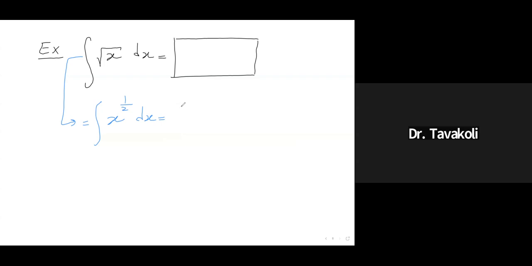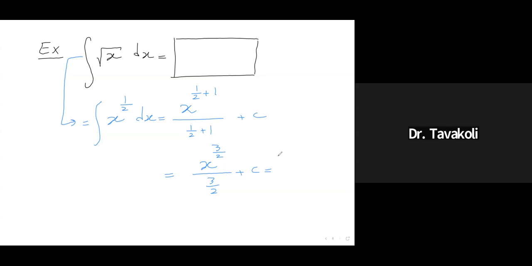So using the power rule, x to the power of 1/2 plus 1 all over 1/2 plus 1, and at the end plus c. Of course, we need to simplify this. 1/2 plus 1 is 3/2, x to the power of 3/2 over 3/2.